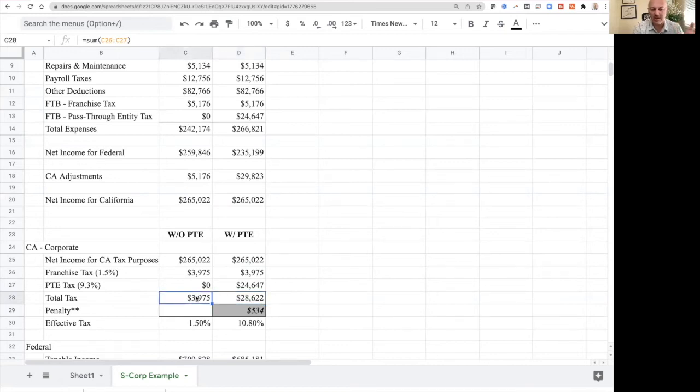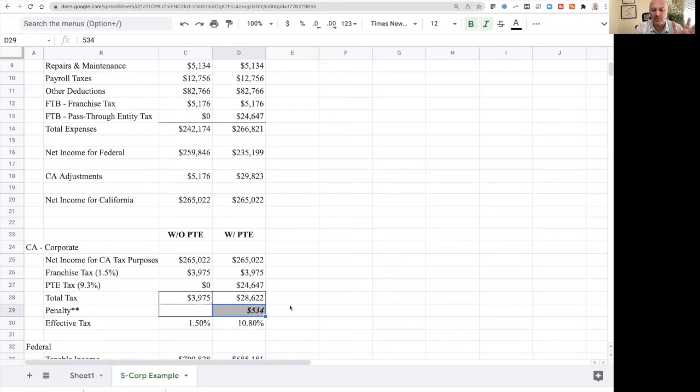Now, when I enter this into our tax software, it calculated a penalty. I would recommend you override that penalty because even though the tax software assumes there's a penalty because the tax wasn't paid on time, the reality is that this tax was actually owed by the tax filing deadline.